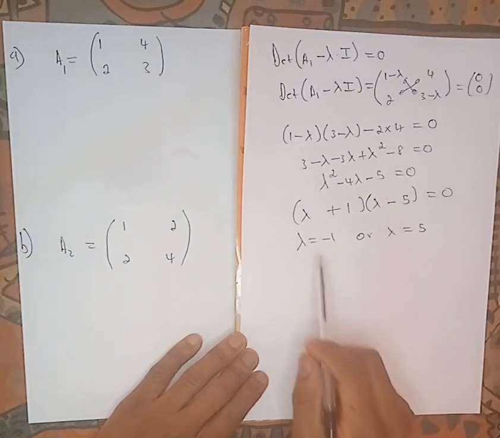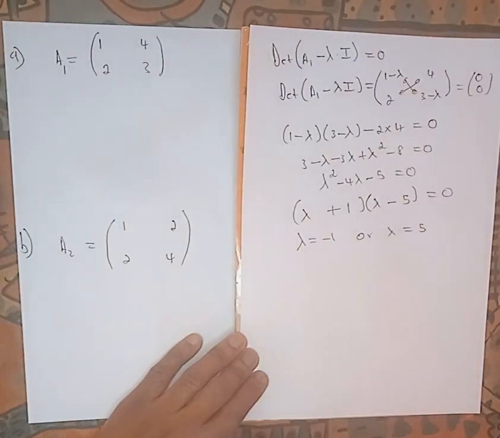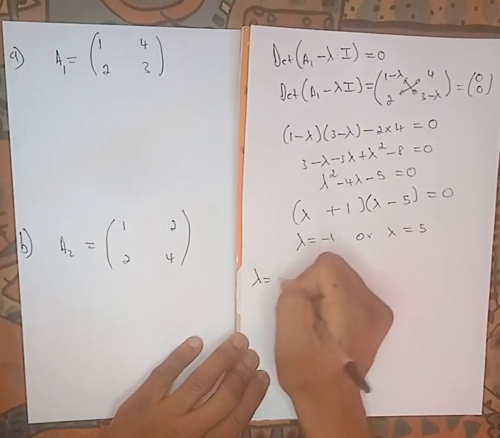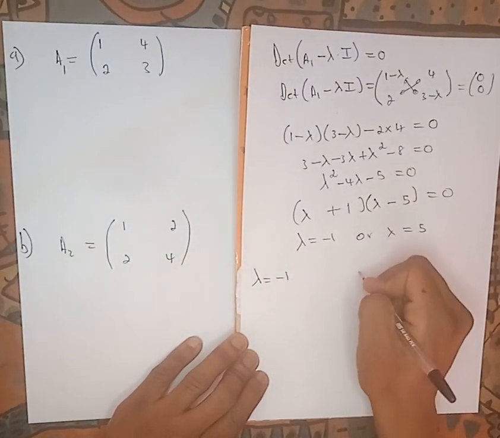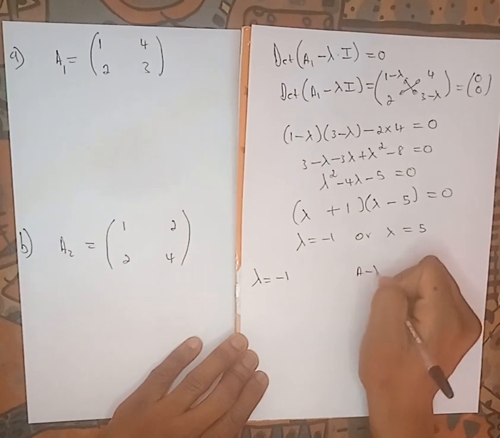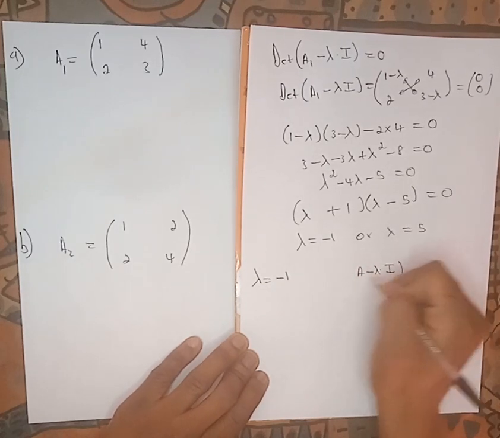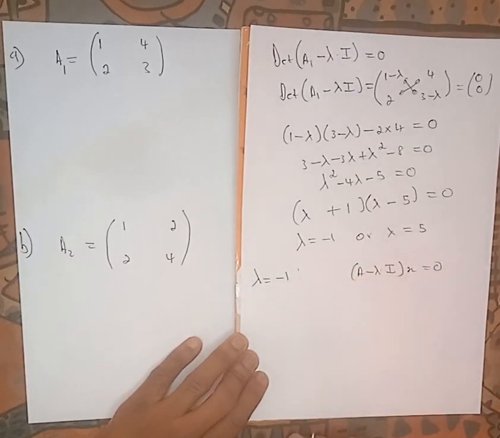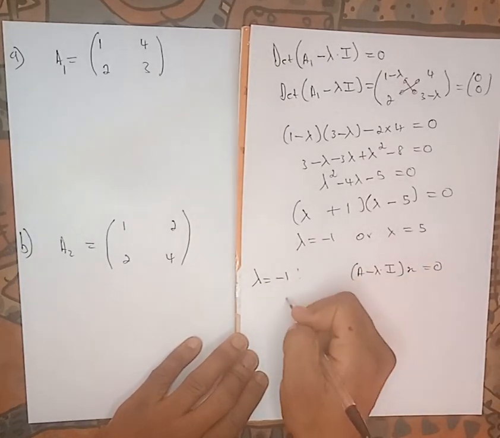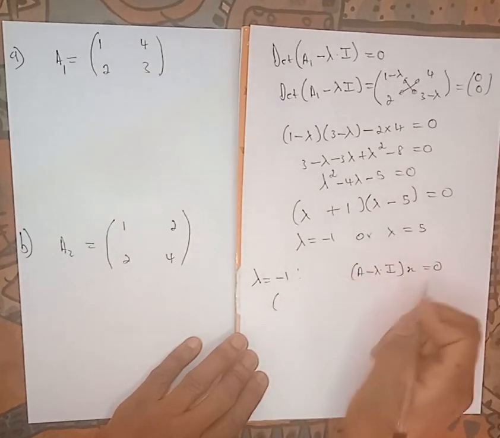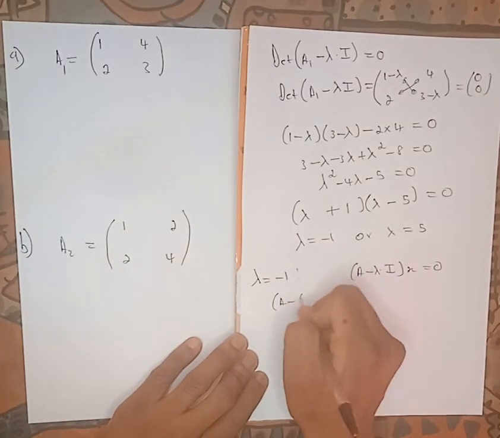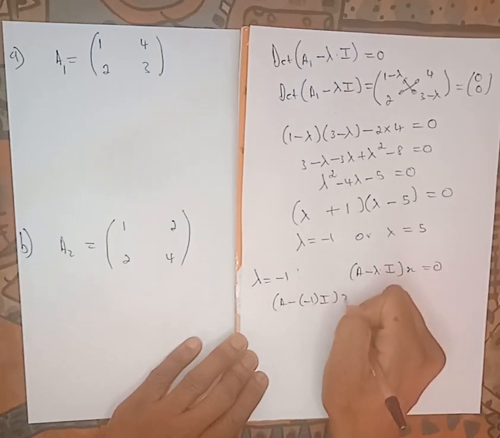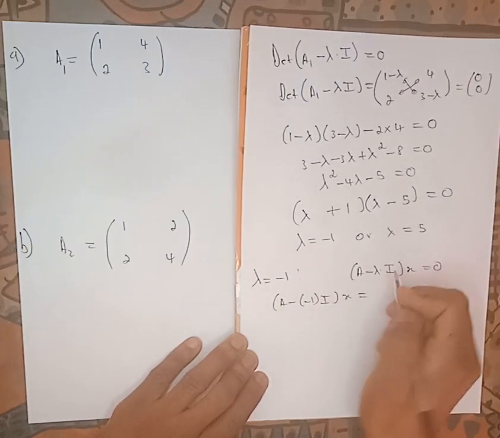So right now, since we have the eigenvalues, let's find the eigenvector when lambda equals minus 1. The formula will be A minus lambda times I x equals 0, when lambda equals minus 1. So we are going to substitute here. It will be A minus 1, because this is the value of our lambda, multiplied by I x equals to this.